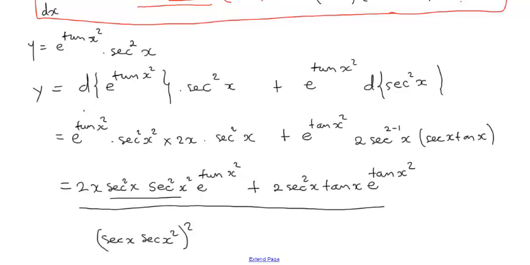Yes? There, where the multiplication goes in, with the 2 sec squared x multiplied with the sec x tan x. There is not a multiplication sign between the sec x and the tan x, right? There is, I used the dot there, at the end. Just go one step up.